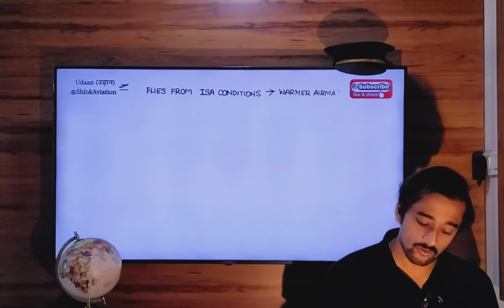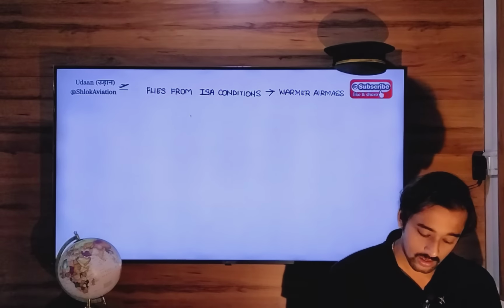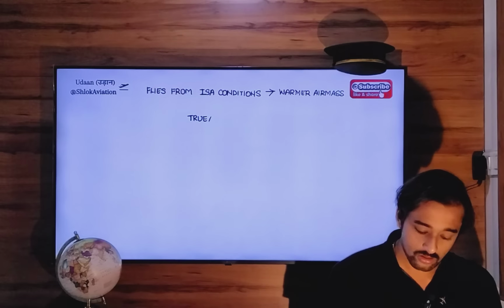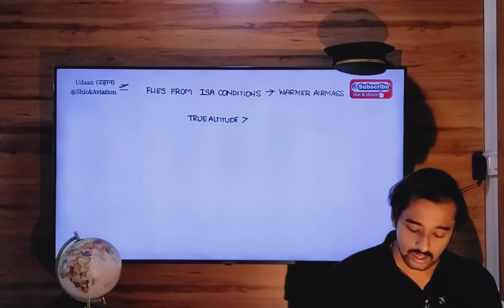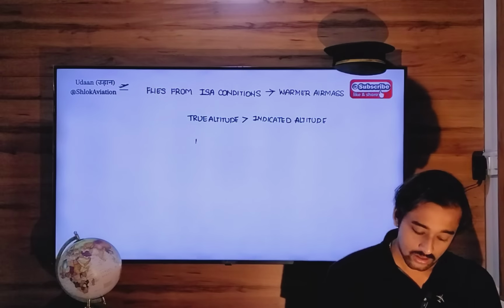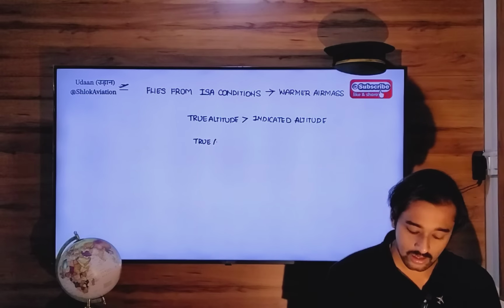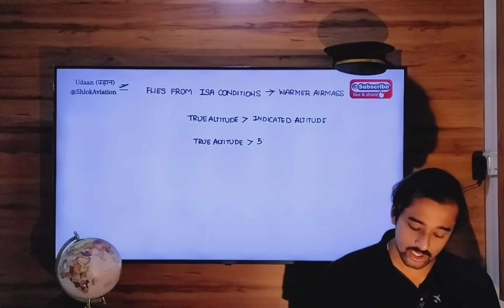whenever you fly into warmer conditions, the true altitude of your aircraft will be more than the indicated altitude. In this case, true altitude will be more than the indicated altitude, which is 5000 feet as given in the question.